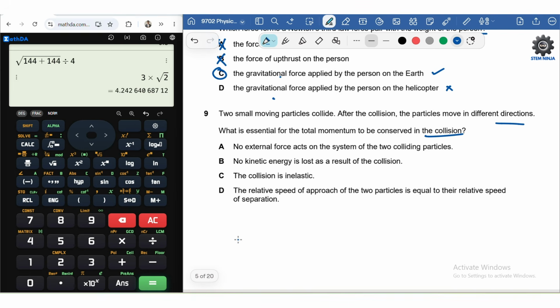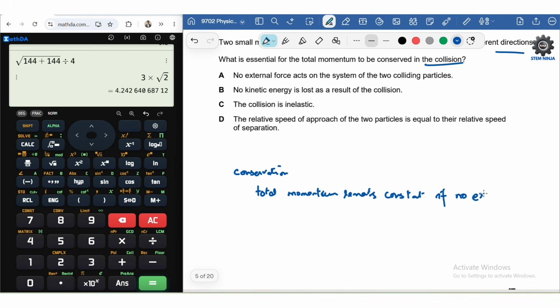So remember the conservation principle, that the total momentum remains constant if no external forces act on the system. Or you could also say if the system is isolated.